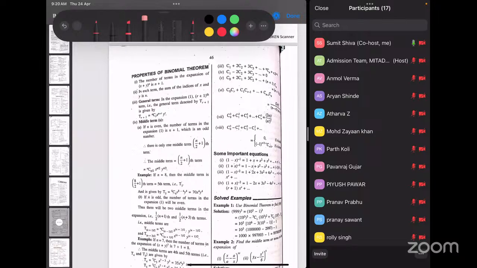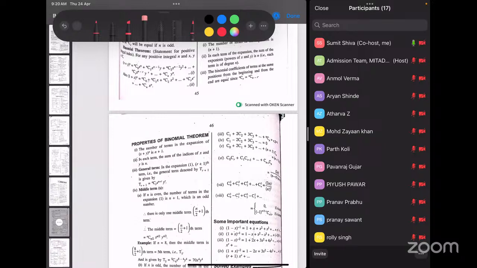There will be some questions of the form like find the term independent of variable. Like we have (x plus y) raised to power n, and I want to know which term will be independent of x and y. In that case, I will write the general term T(r+1), that will be nCr x raised to power n minus r and y raised to power r. And then to make the expansion independent of x and y, I have to take the power of x as 0 and power of y as 0 simultaneously.